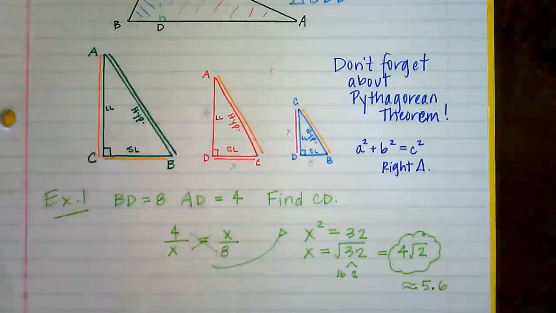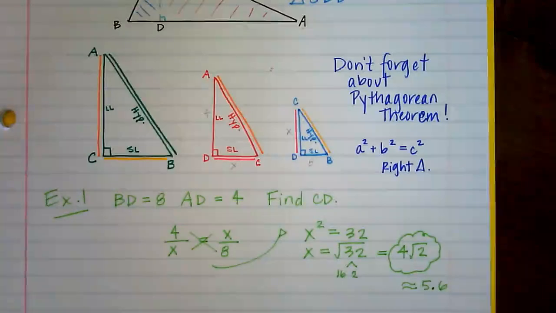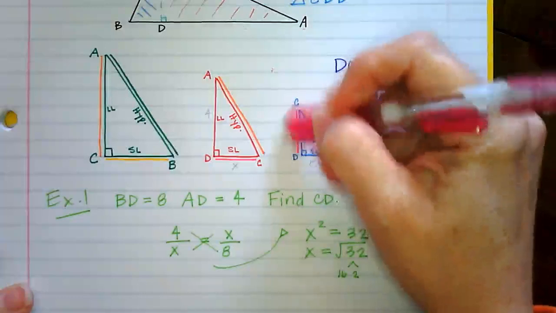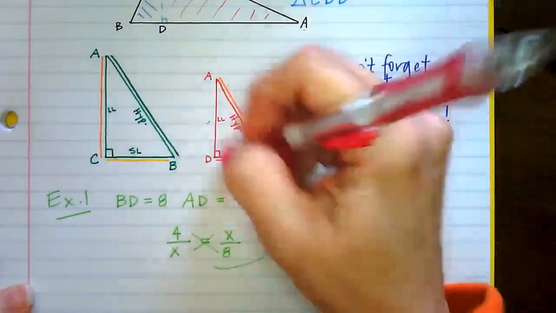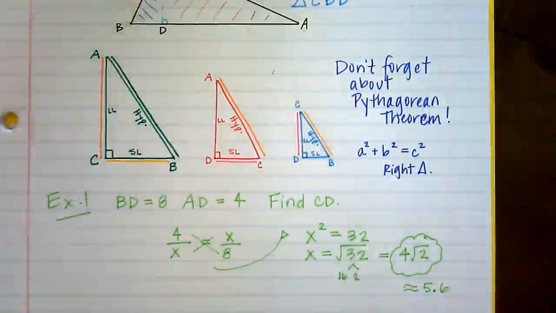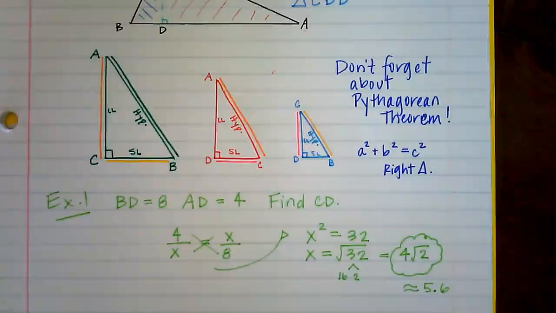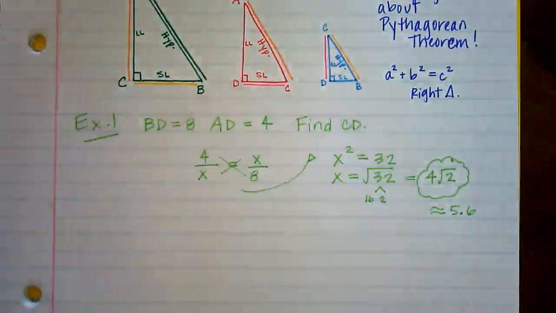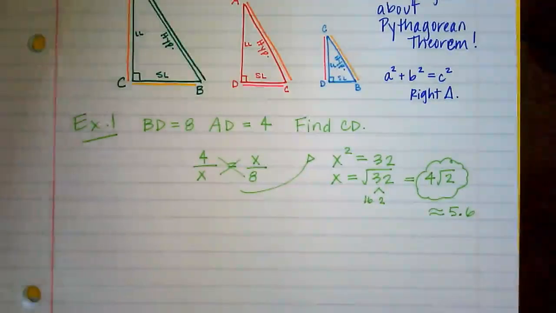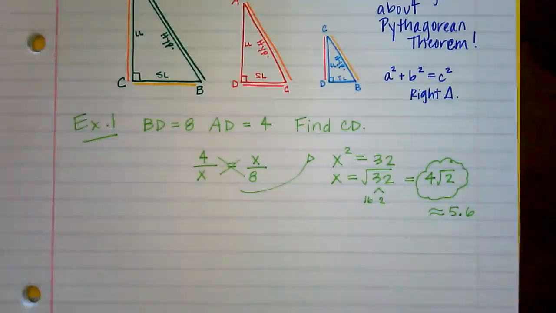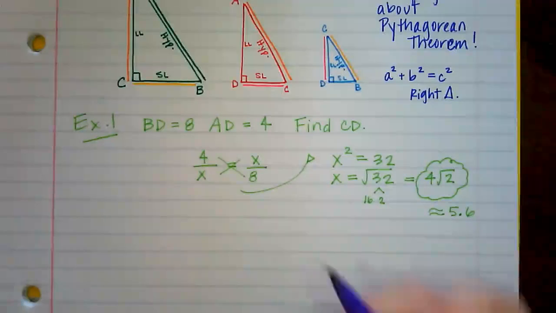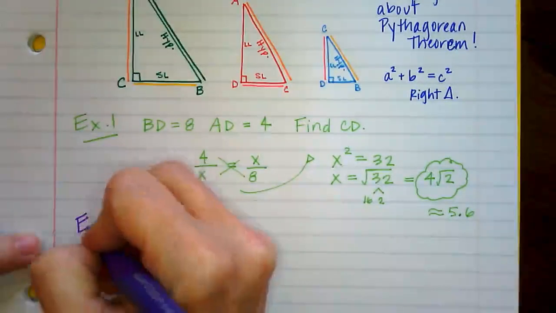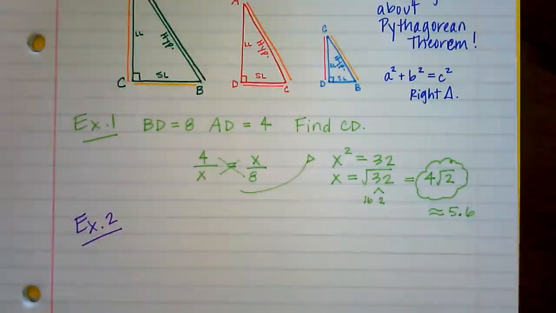All right, so next example. I'm just going to use, like I said, the same picture. So I'm just going to go back up here and erase this. Example 2.